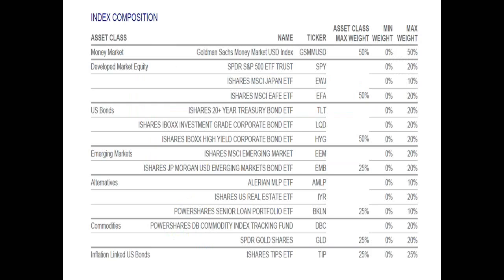And you can see that it is linked across 7 broad asset classes: money markets, developed equity markets like the S&P 500, large economies, U.S. bonds, emerging markets, alternatives like real estate and loan portfolios, commodities, and then inflation-linked U.S. government bonds or TIPS.